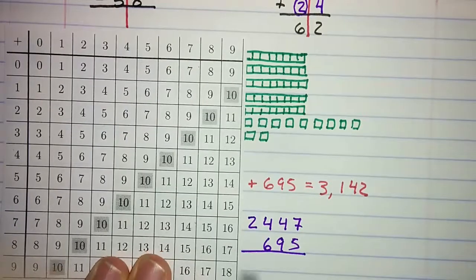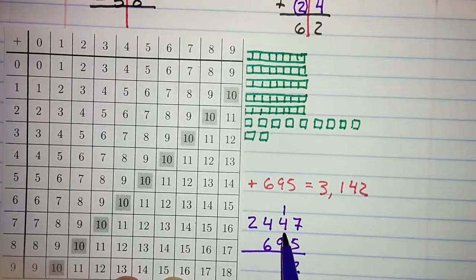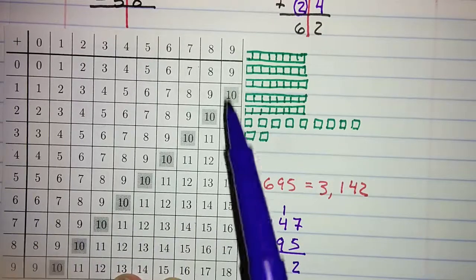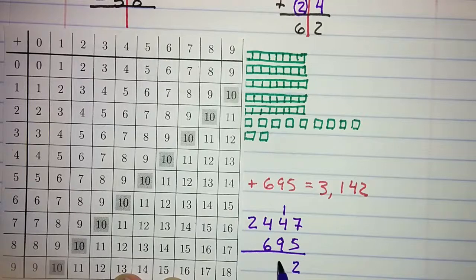Well, 7 plus 5 is 12. Write down the 2, carry the 1. 1 plus 4 is 5. 5 plus 9 is 14.